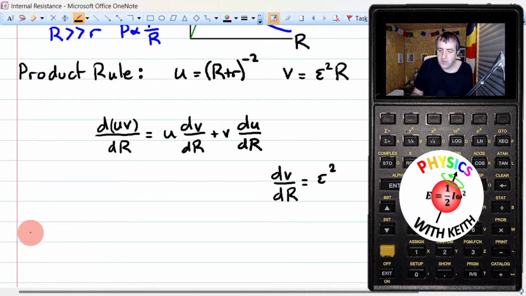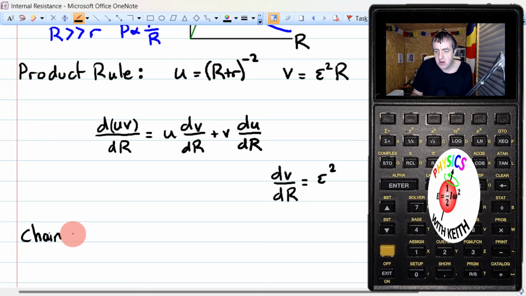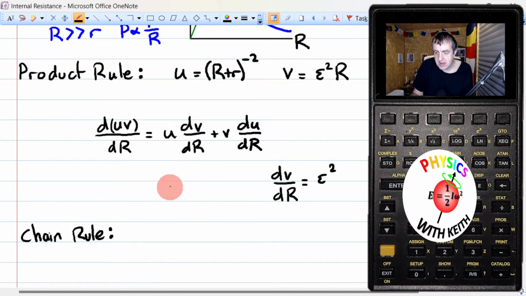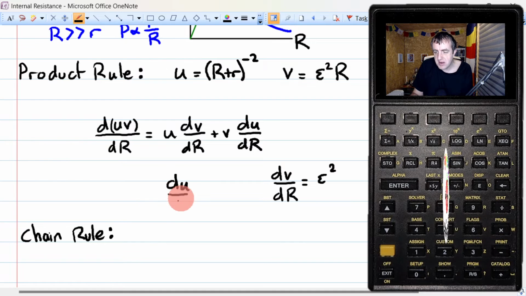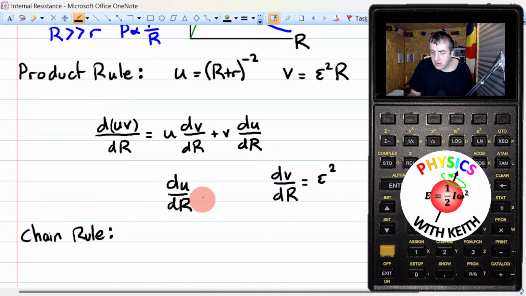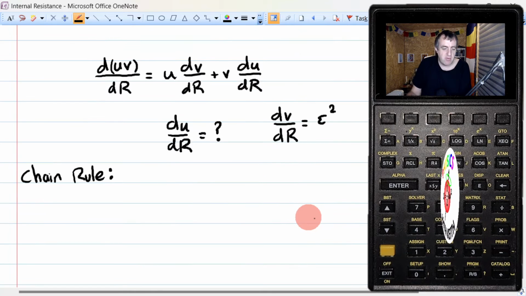So because there's two functions chained together, we have to use the chain rule.